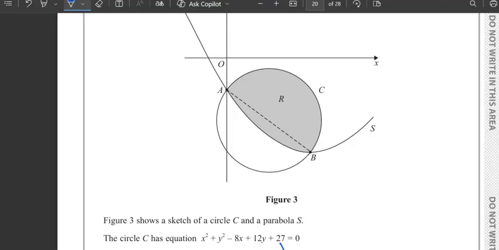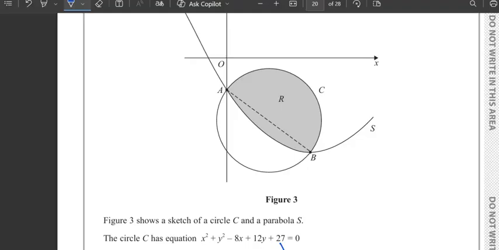If you look at the shaded area R, first we have a semicircle above line AB, and number 2, we have a region between line AB and parabola S. Actually, that region is below the line AB.